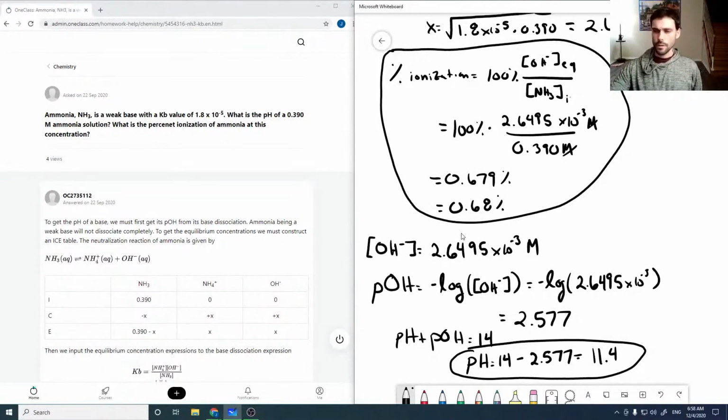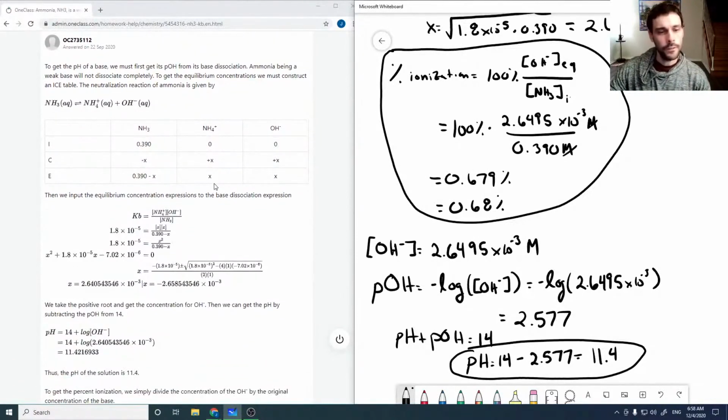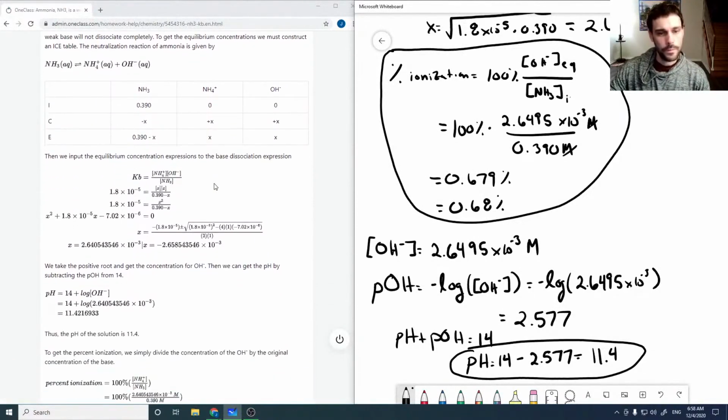Okay, so there's our pH and our percent ionization. Looking through the solution as given here. As we can see here, they didn't make this simplifying assumption and use the quadratic equation. And so their value does come out to be slightly different. So 2.64 versus 2.649.